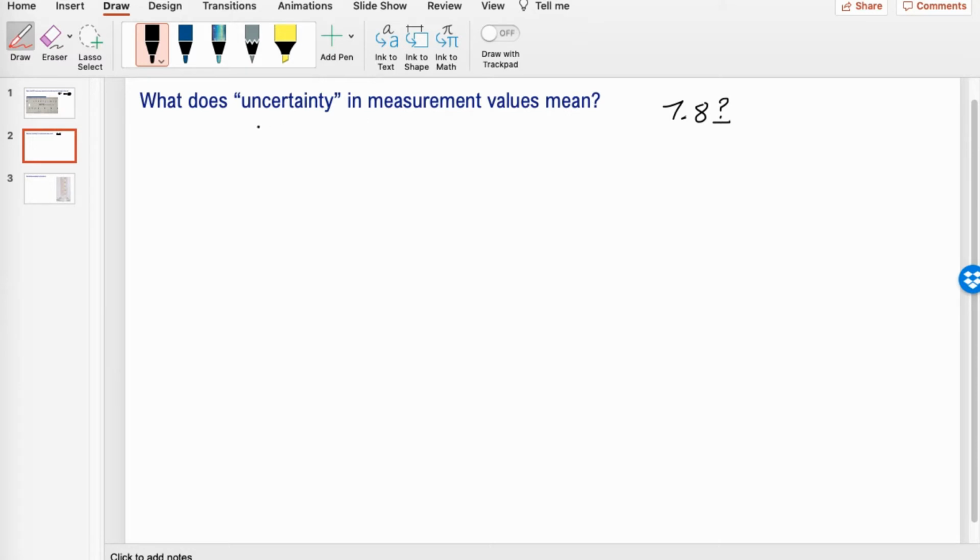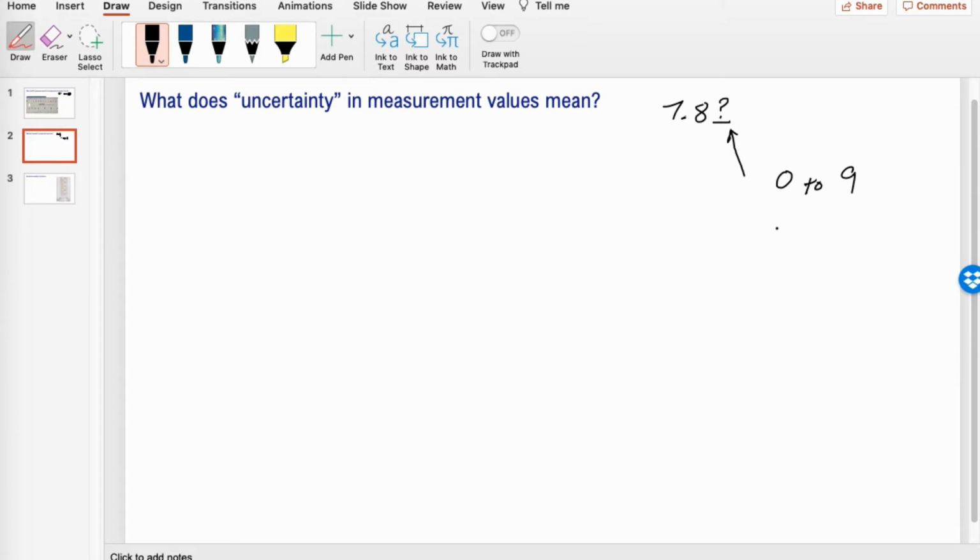And what we call that is uncertainty. So if we think about it, we have to put a digit here that is somewhere between 0 to 9. All right? Somewhere between 0 to 9. And the reason why is if it was directly on the line where the 8 was, we'd say 7.80. If it was directly on the line where the 9 was, we would have said 7.9.